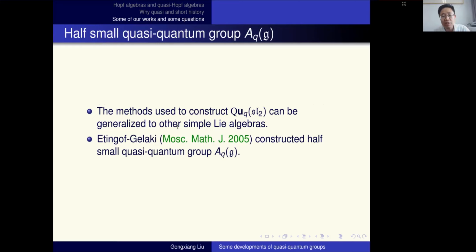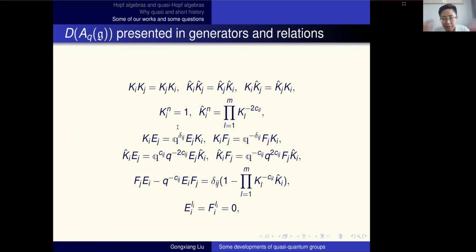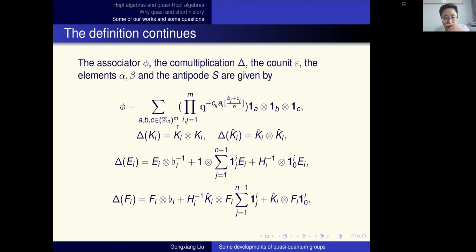And because the Adding hierarchy also constructs the quasi-Hopf analog of the half part of the quasi-quantum groups, that's the AQG. And we compute its trivial double and define the following quasi-Hopf algebra. Maybe this relation is not so complicated, but if I write out the co-multiplication and antipode, you will find it becomes much more complicated than our Hopf algebra case.